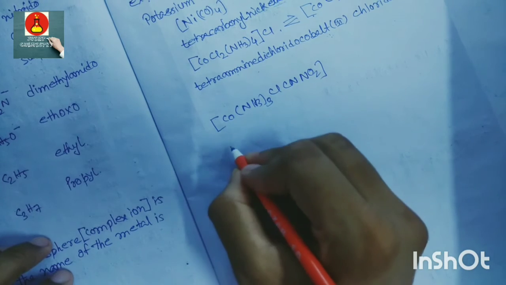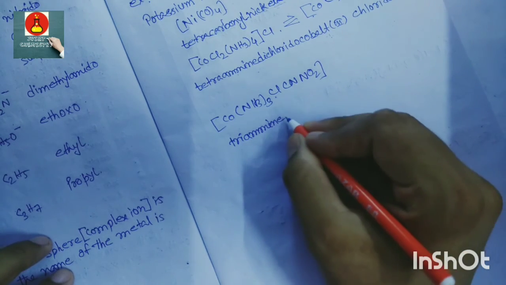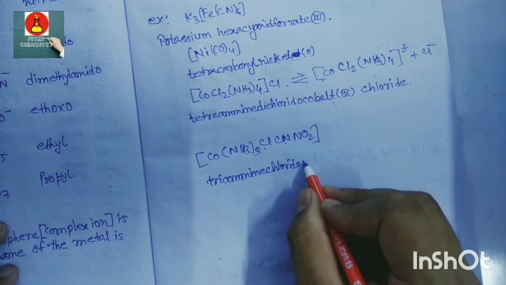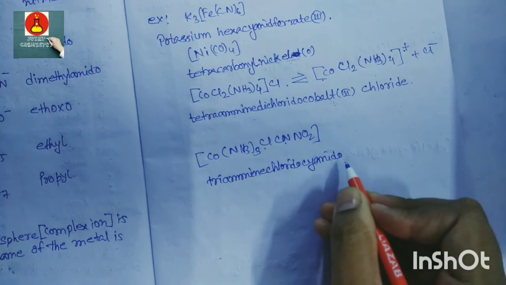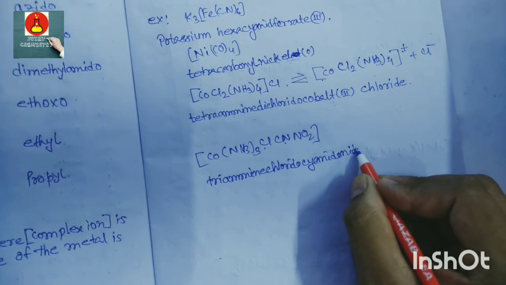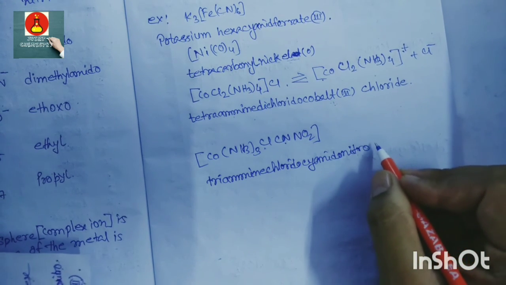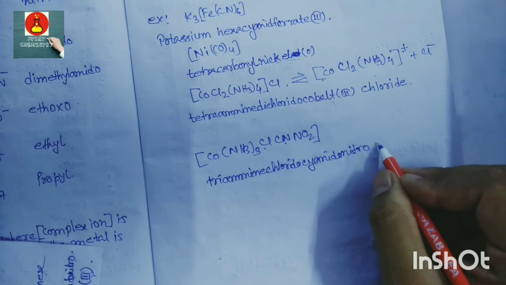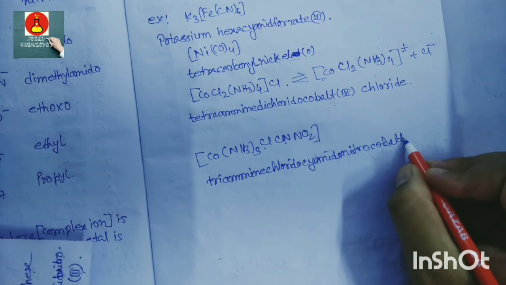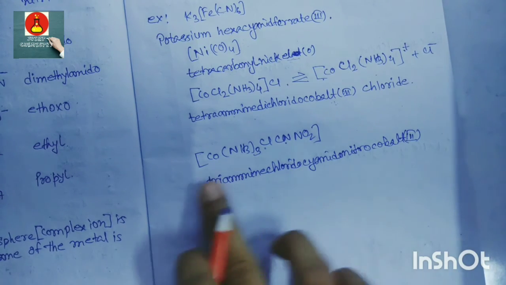We should write the name of this complex this way: triammine, chlorido, cyanido, with no space or break, then cyanido, then nitro, cobalt(III). So this is the name of this complex.